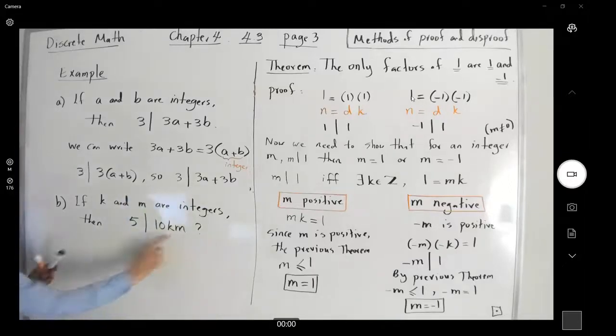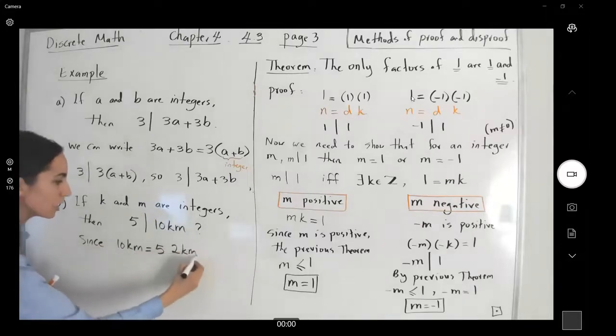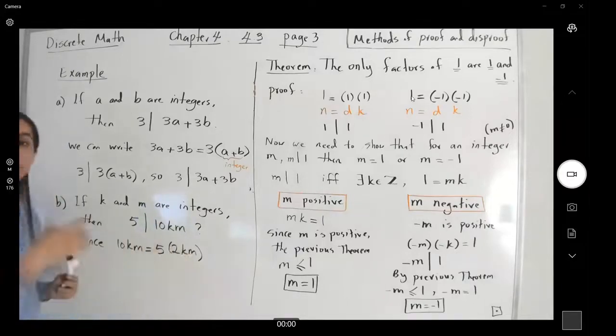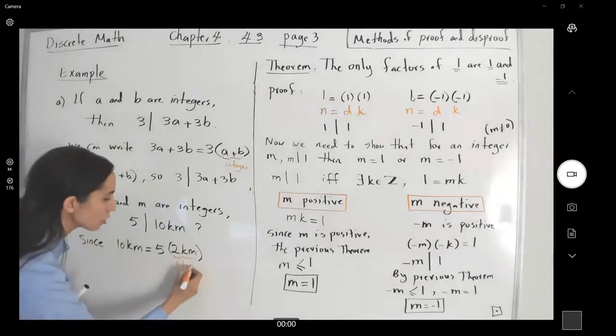Since 10KM can be written as 5 times 2 times KM, we can group these two together. The multiplication of 2 integers is an integer. 2 times that integer is also an integer. So you have 5 times an integer.